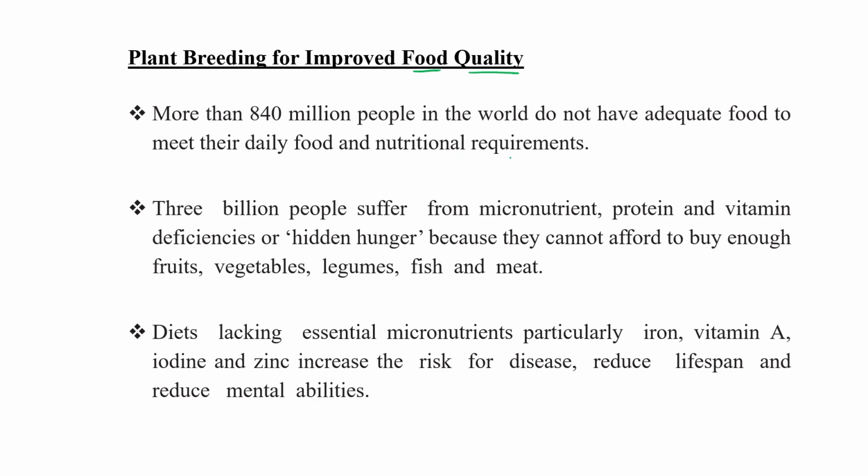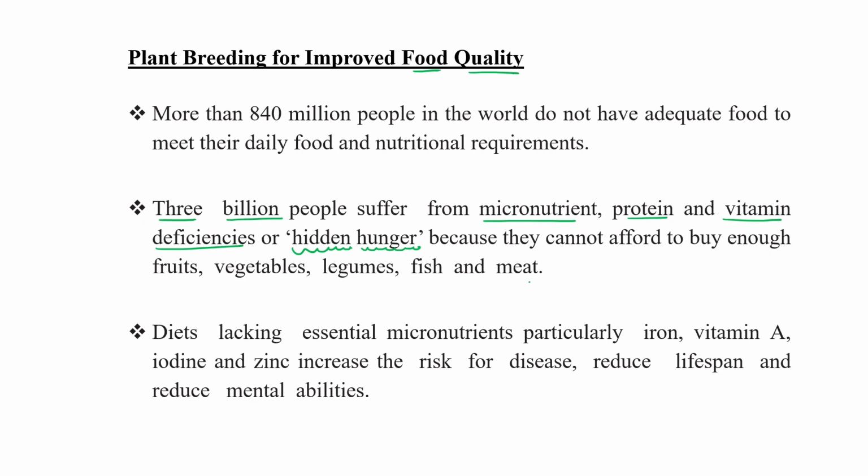and nutritional requirement. And approximately 3 billion people suffer from micronutrient, protein and vitamin deficiency, or we can say hidden hunger, because they cannot afford to buy enough fruit, enough vegetable, enough legume, enough meat.